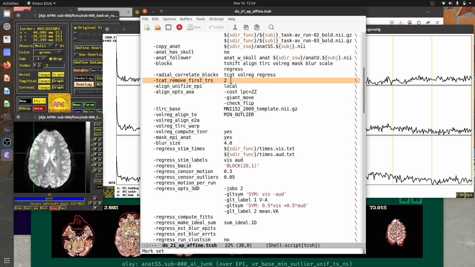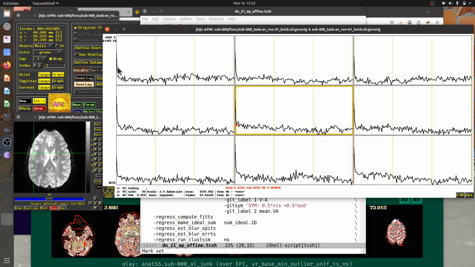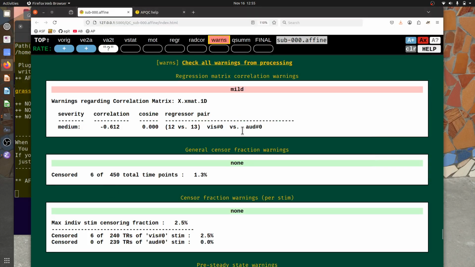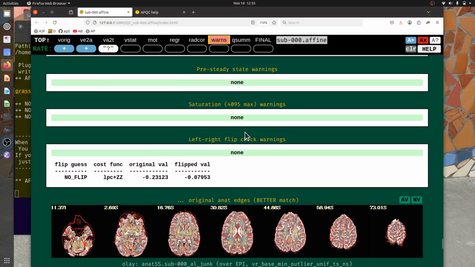But if we had deleted this, if we didn't include this line and we had left in the time series with these first couple of points, then this warning here would hopefully detect and tell us that we had pre-steady state. In this case, we took care of that in our processing, so it's not a problem. Great. But it's nice that the AFNI proc is looking out for us as much as it can.